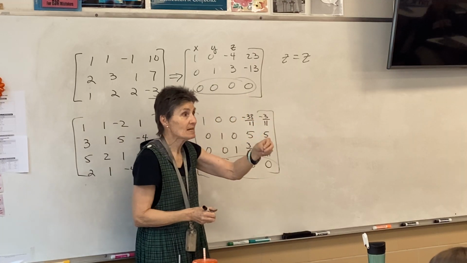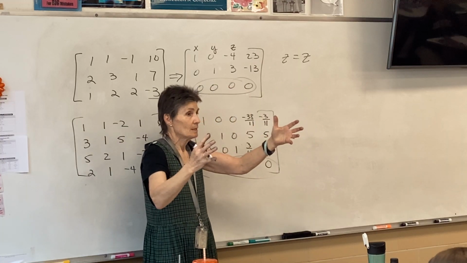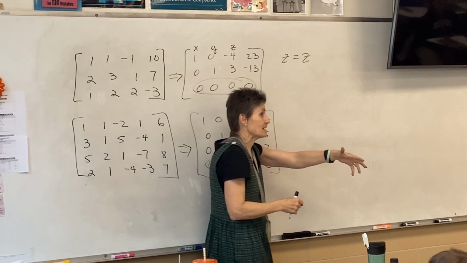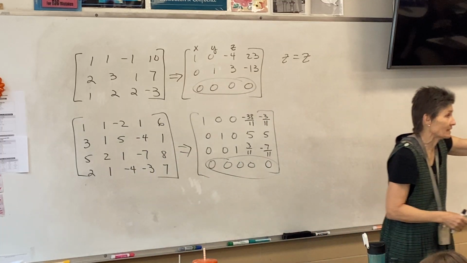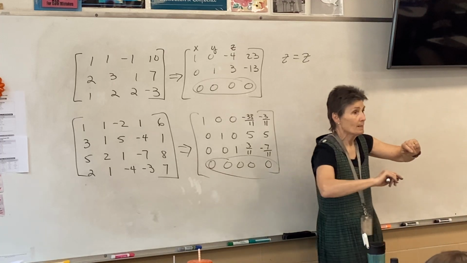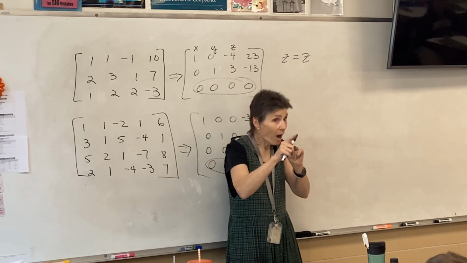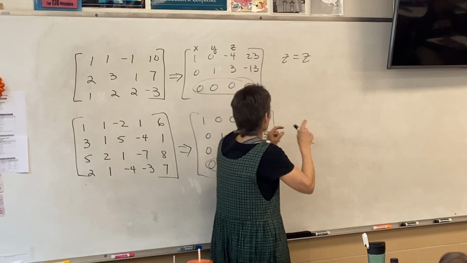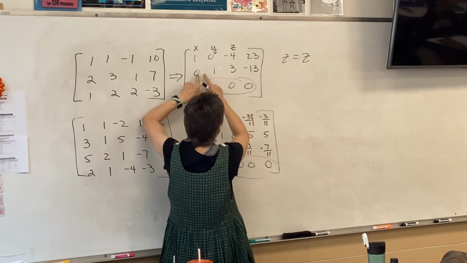So Z is Z. So Jillian might make Z 5, and he might make Z negative 17, and you might make it 11, and that's fine. But X and Y depend on your Z. Here's what I mean. Let's look at the second row. What does this row say?